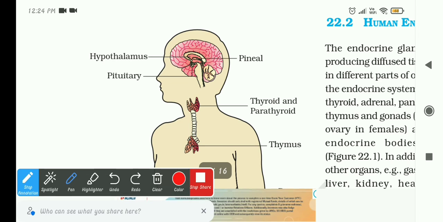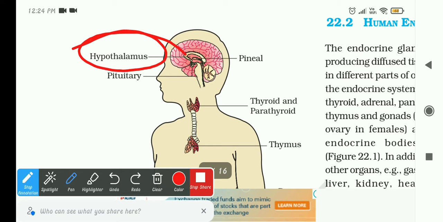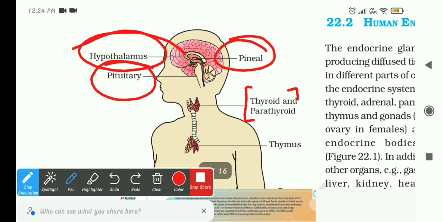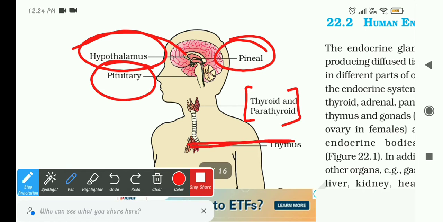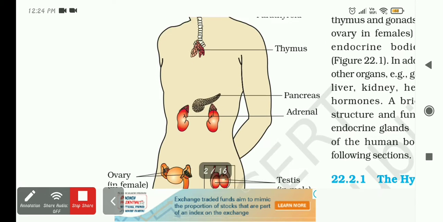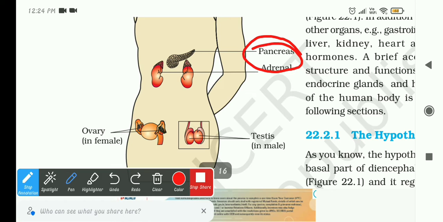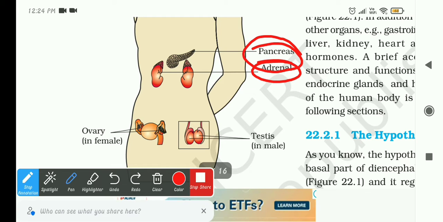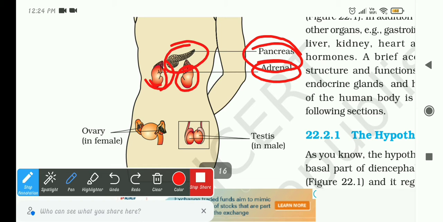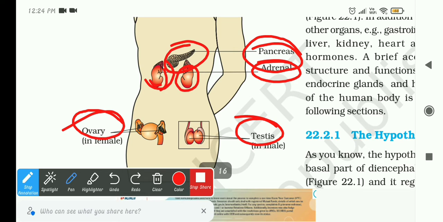Next, the endocrine system is described here. First let's see this diagram. Here we have the hypothalamus, this is the pineal gland, this is the pituitary gland, this is the thyroid and parathyroid, this is the thymus. This is the pancreas, this is the adrenal, and these are the gonads, ovary in females and testes in males.